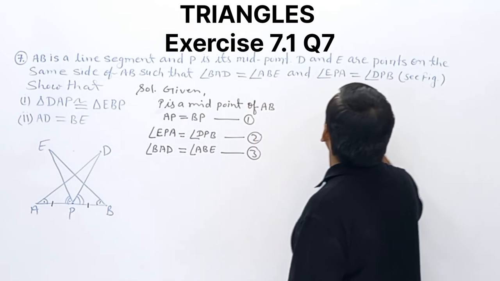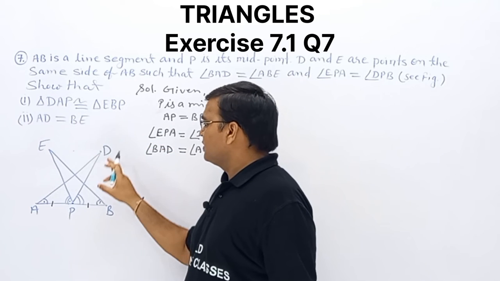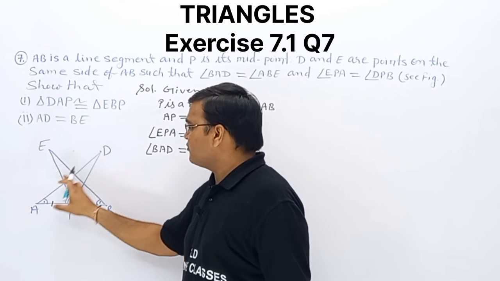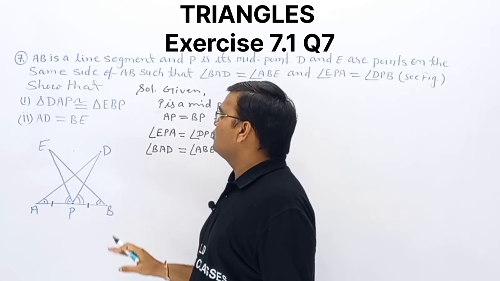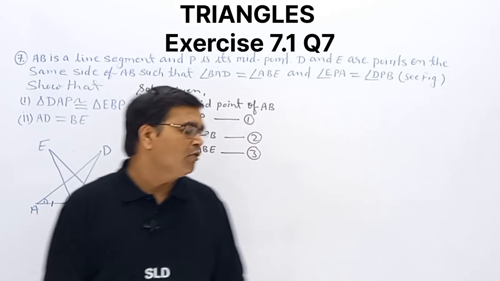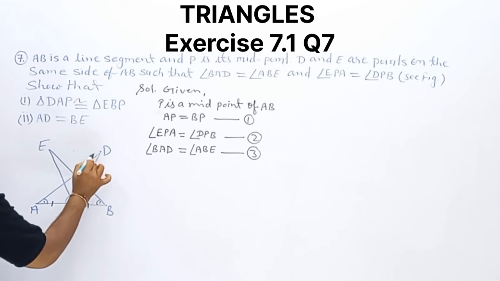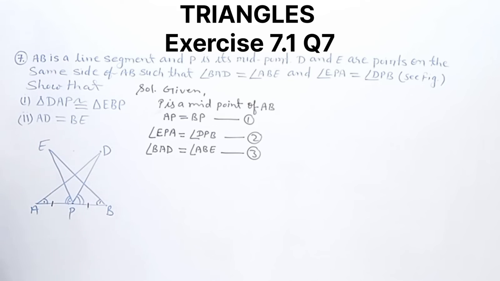So that triangle DAP is congruent to triangle EPB. What we want is to prove whether this triangle is congruent to this one or not.